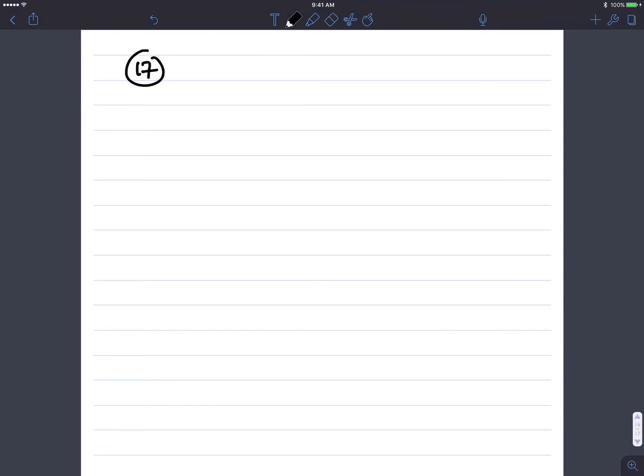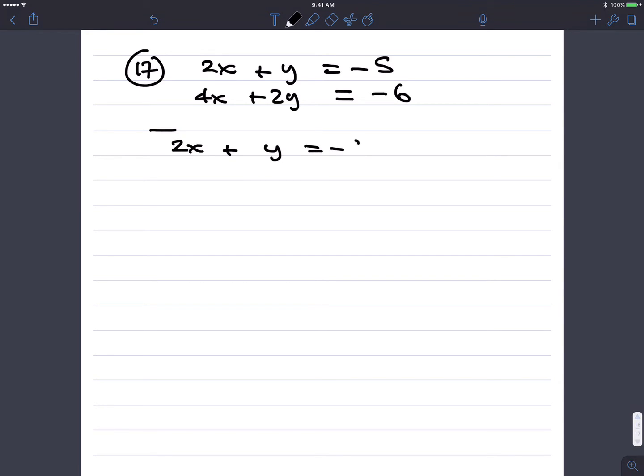Number 17. 2x plus y is negative 5. 4x plus 2y is negative 6. We're going to take the first equation here, and we're going to solve this equation for y.